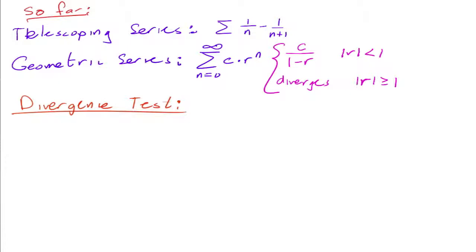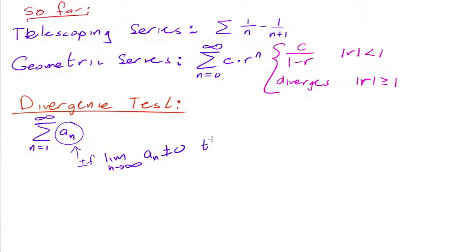If you take a series, and the sequence a sub n doesn't go to 0, so not the series itself, but the sequence, that is, if the limit as n goes to infinity of a sub n is not equal to 0, then the series diverges.